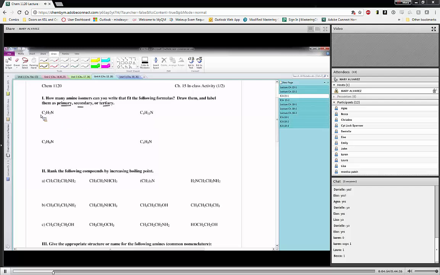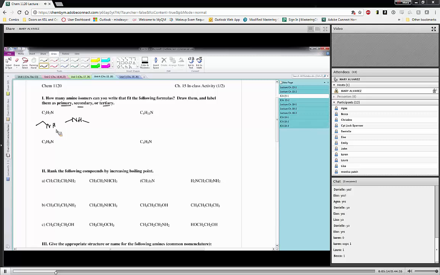For instance, if I've got 2 carbon atoms and 1 nitrogen, my options are to put the 2 carbons in a row or 2 carbons on either side of the nitrogen. That's about it. That's C2H7N. And then continue for the other ones.